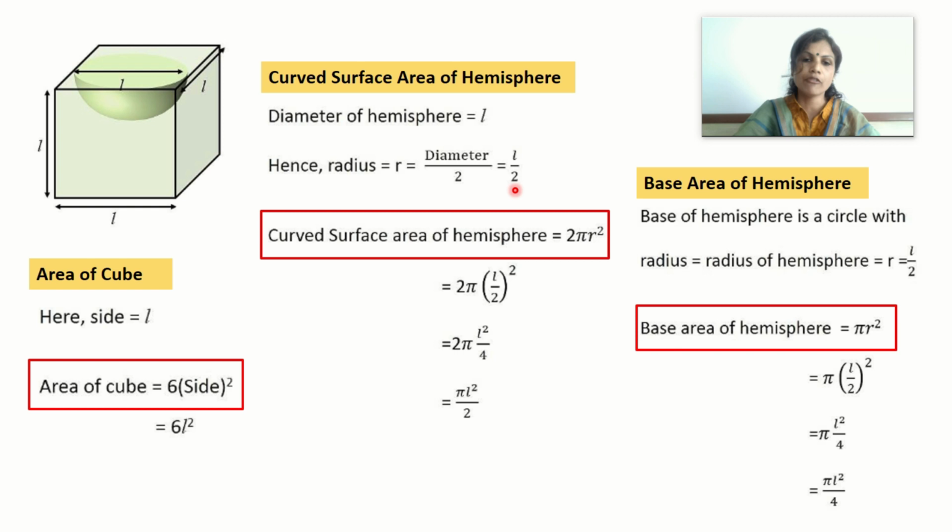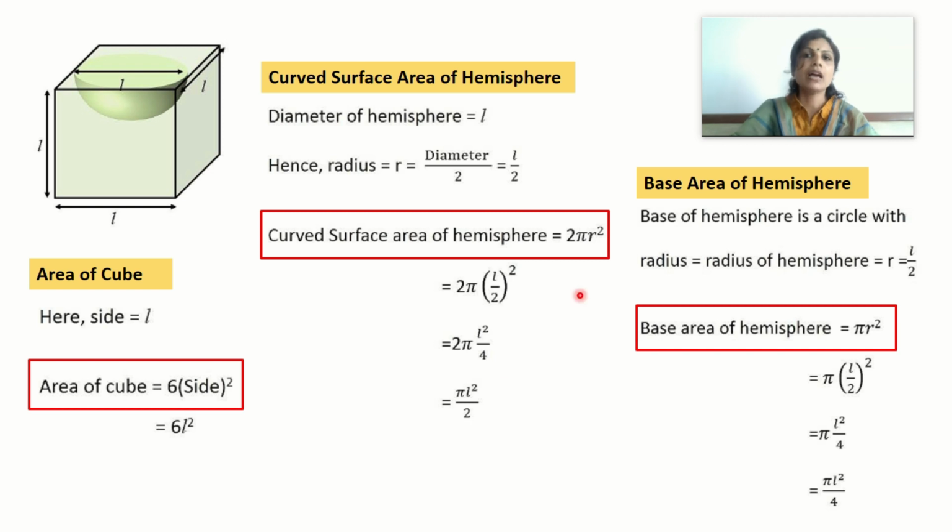Substituting these values in the formula, we get 2 into pi into L upon 2 the whole square. So we get 2 pi L square upon 4. This 2 and 4 you can cancel, 2 2s are 4. So we are left with pi L square upon 2. We are keeping pi as it is. We are not substituting the value of pi for the sake of convenience of our calculation.